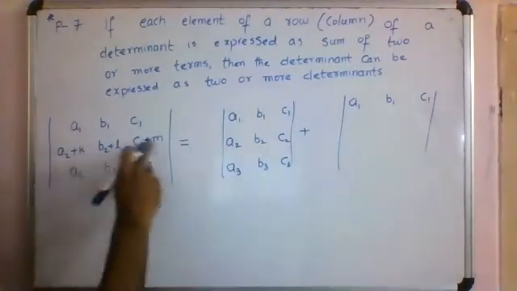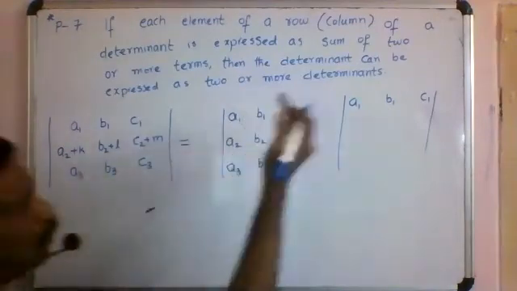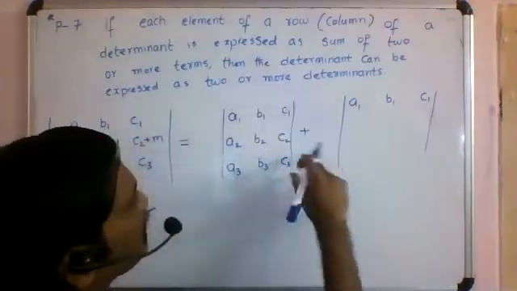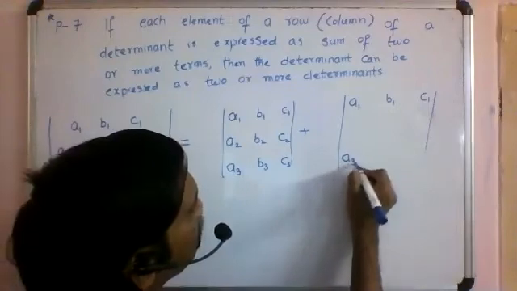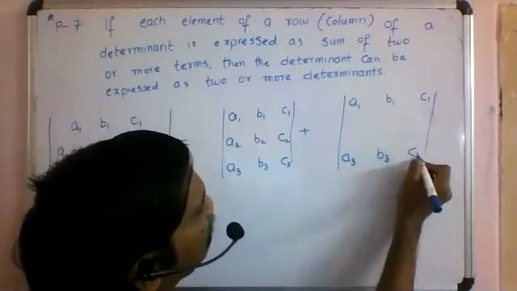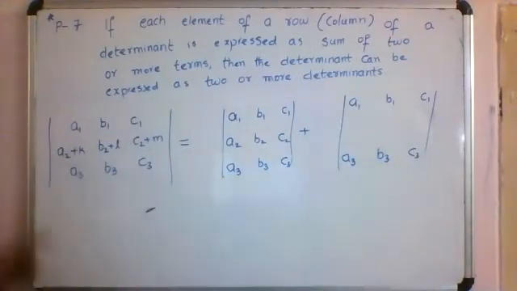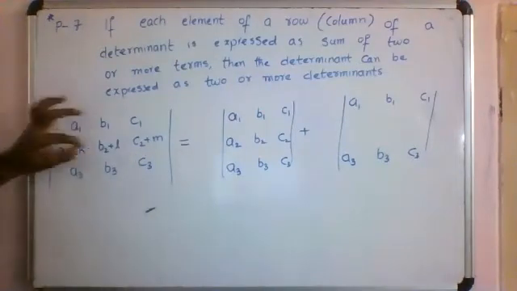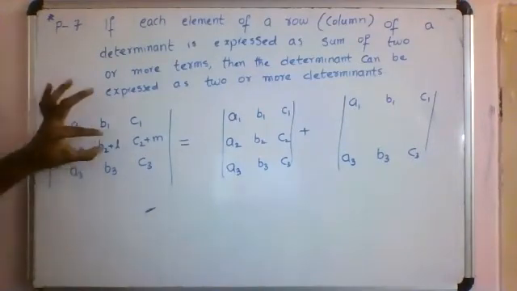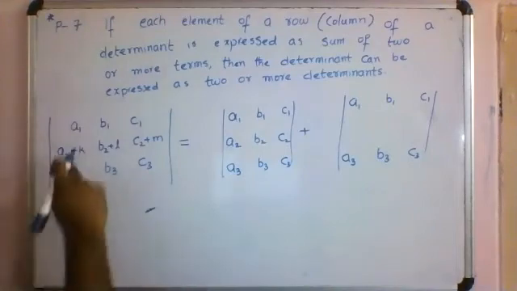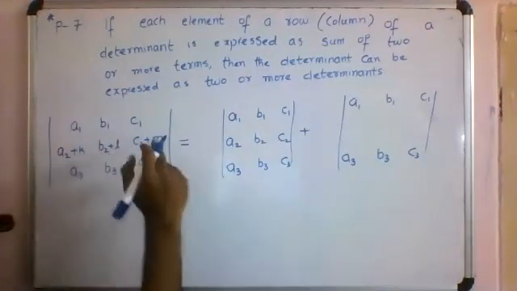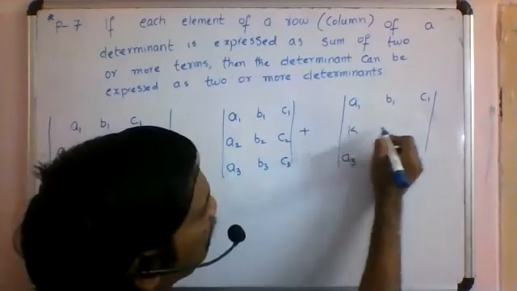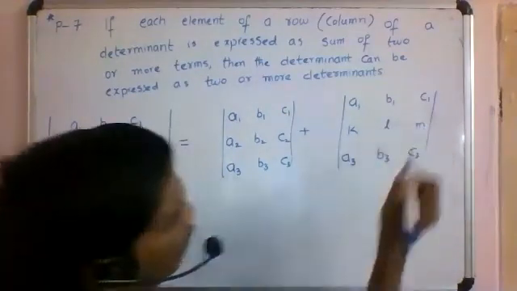Change is in second row only. So in both of these determinants, first row and third row remain as usual, A3, B3, C3. There is change in second row only. In second row, first elements are to be kept in first determinant and second numbers K, L, M must be kept here. K, L, M.